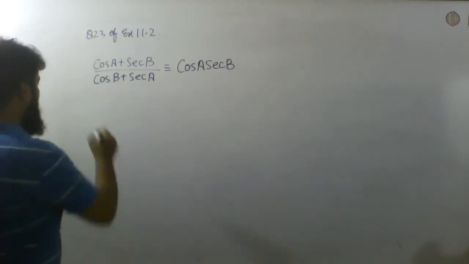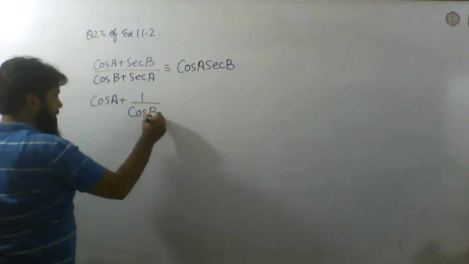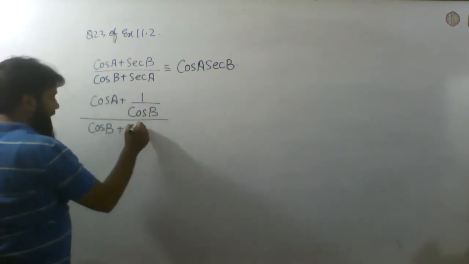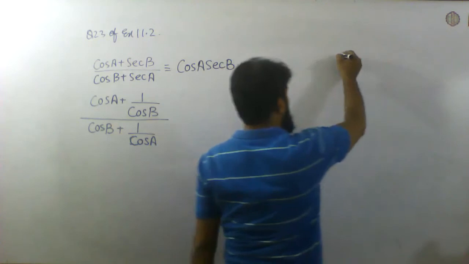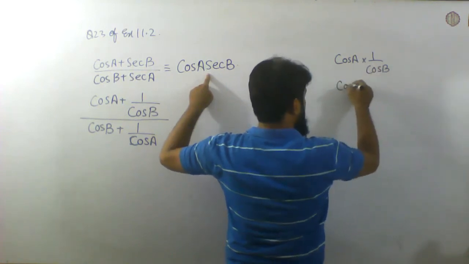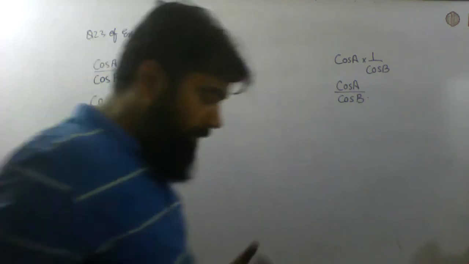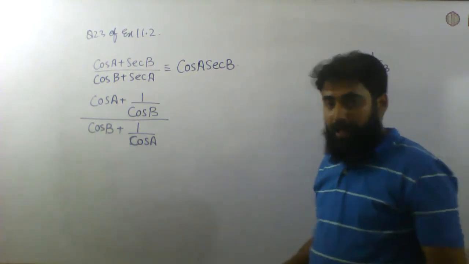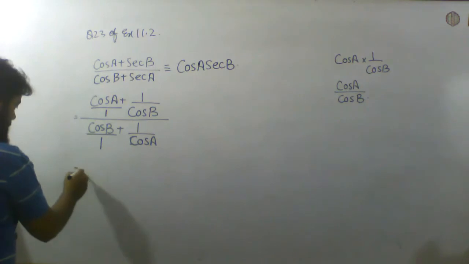I will start from this side. In cos A plus sec B, sec B will become 1 over cos B. In the denominator, cos B will remain as it is, and sec A will become 1 over cos A. Now I am going to take the LCM.